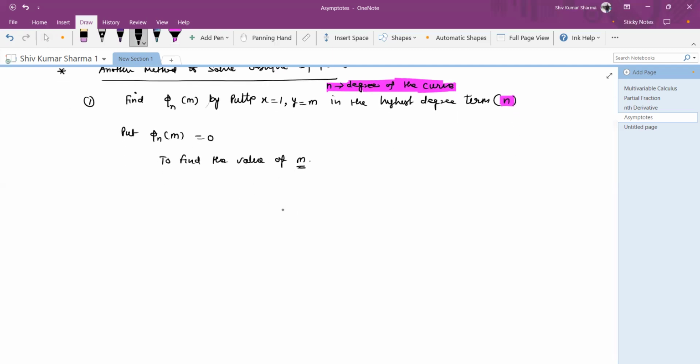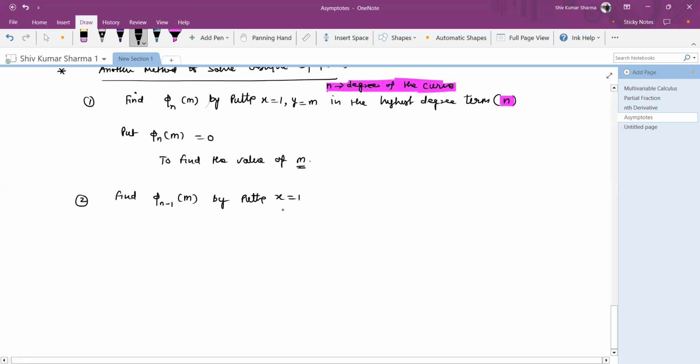Now, second step after finding the value of m: find phi n minus 1 of m by putting x equal to 1 and y equal to m in the next highest, meaning the second highest degree term.